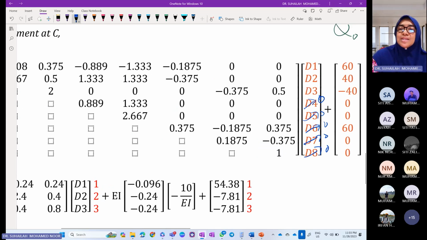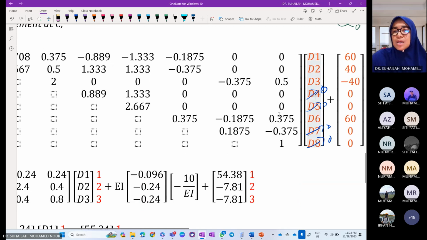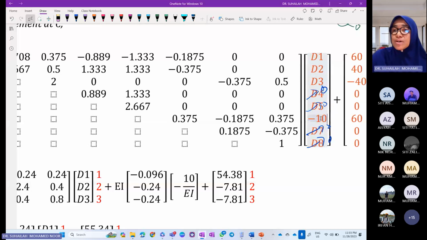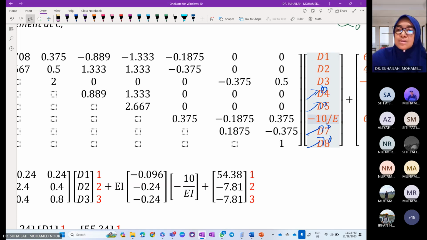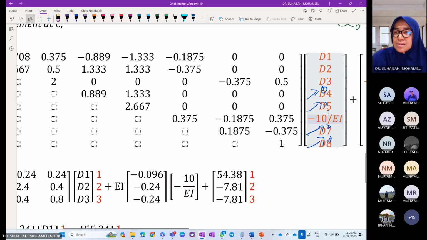So dekat D6 ni dah bukan 0 lah. Dekat D6 dah bukan 0 tapi value tu. So dekat D6 ni dah bukan 0 tapi negative 10 over EI. Okay. 10 over EI. So yang lain masih 0 lah.